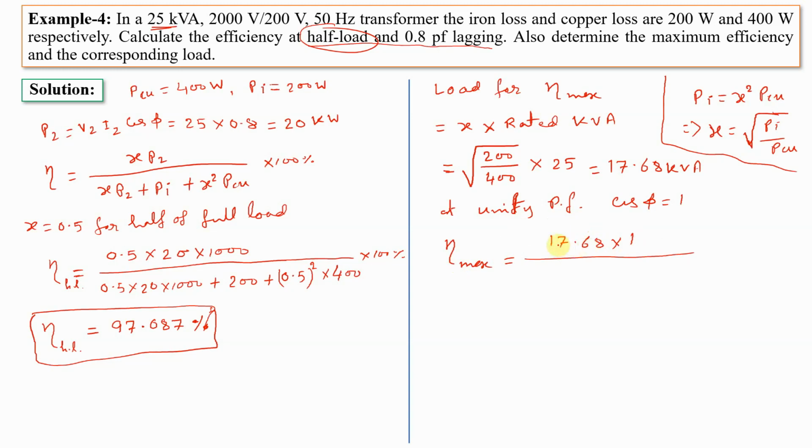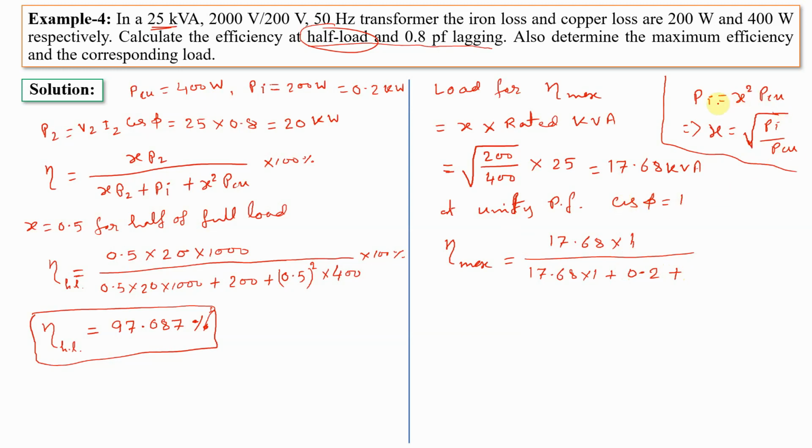Remember, this value is the load corresponding to maximum efficiency and the power factor is considered as 1. So it is the output power during the maximum efficiency condition, upon 17.68 into 1 plus Pi. Here Pi is 200 watt. It can also be written as 0.2 kilowatt, because this is kVA, and kVA multiplied by power factor gives us kilowatt. So the iron loss is also converted to kilowatt. So it will be 0.2 plus the copper loss.